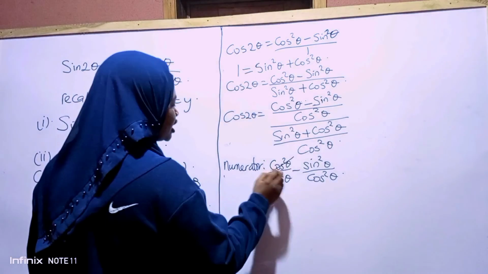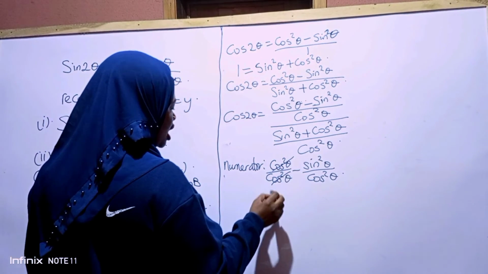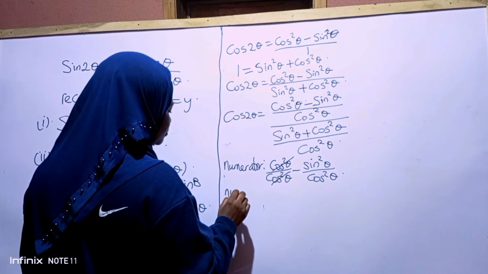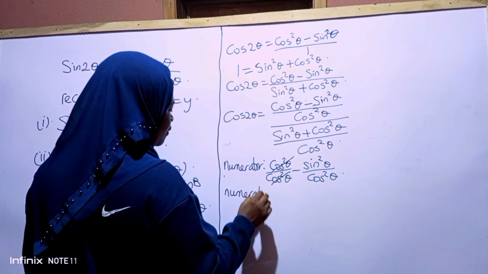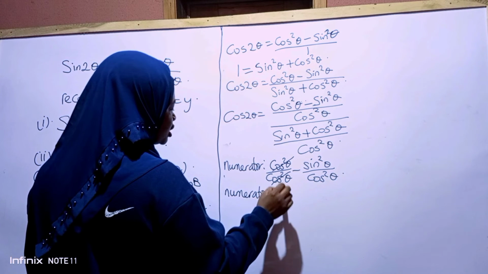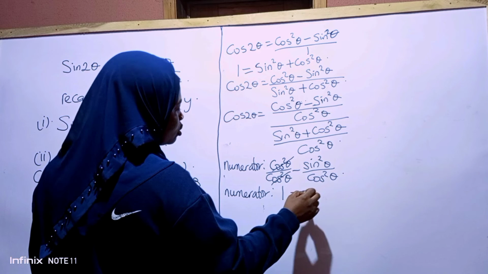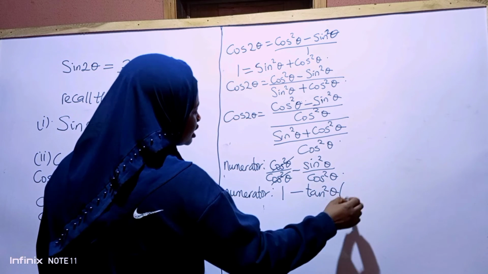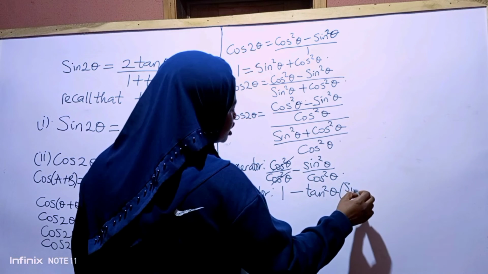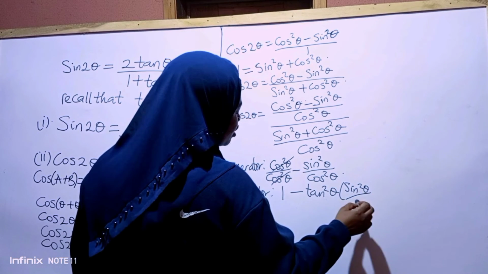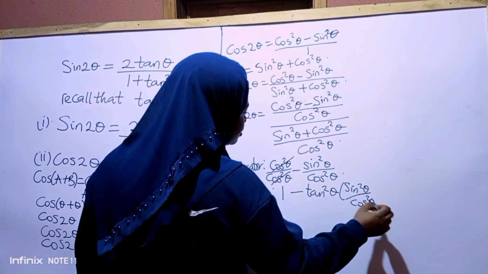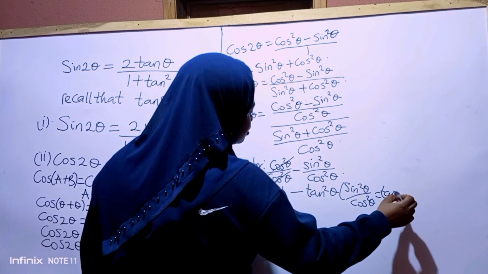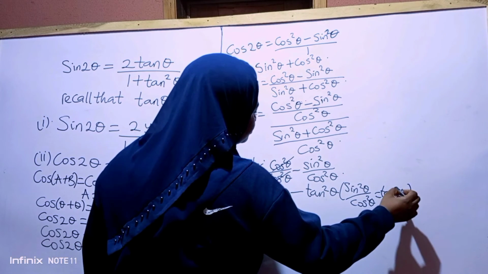So this cos squared theta cancels cos squared theta, so the numerator becomes 1 minus tan squared theta, since sin squared theta over cos squared theta is the same thing as tan squared theta.